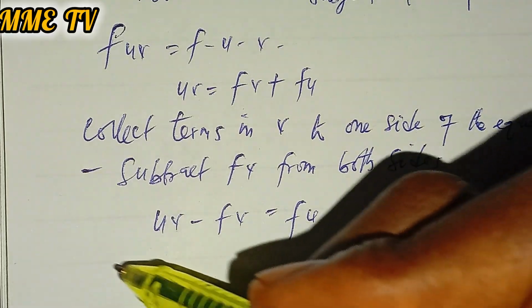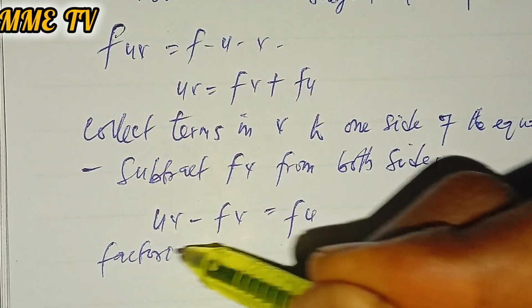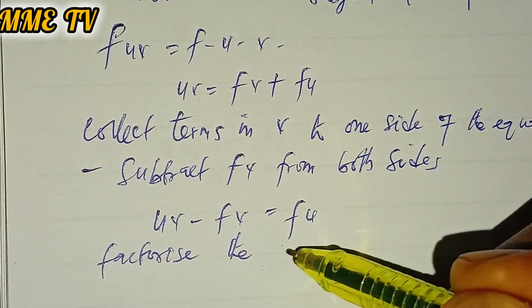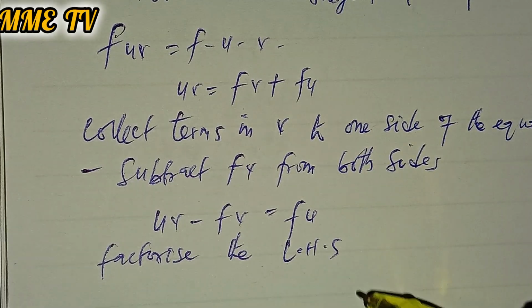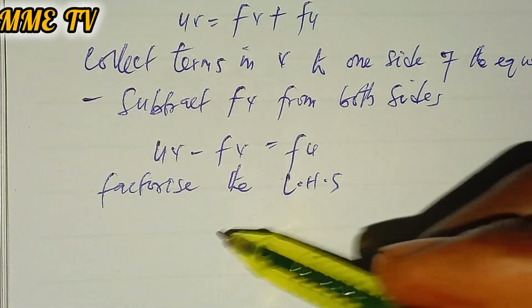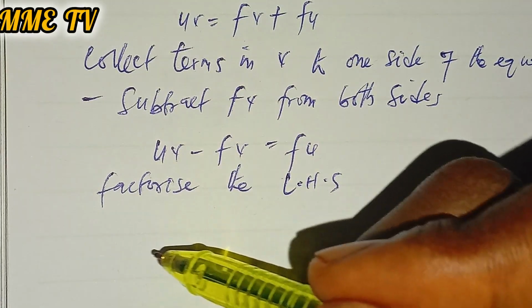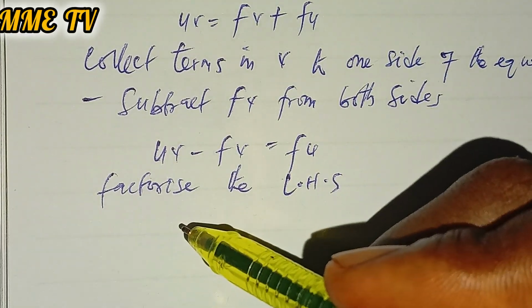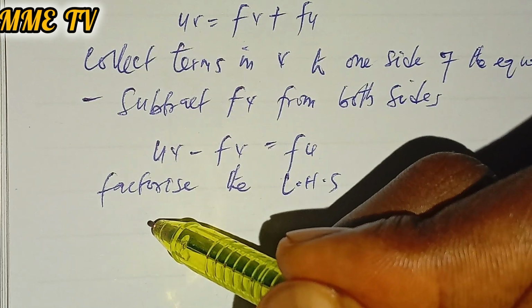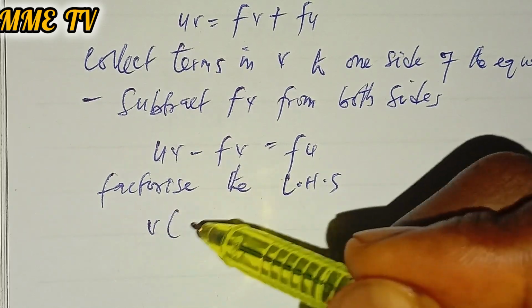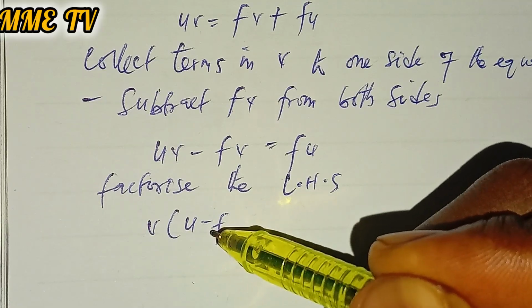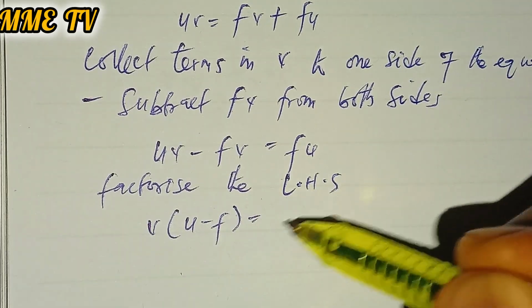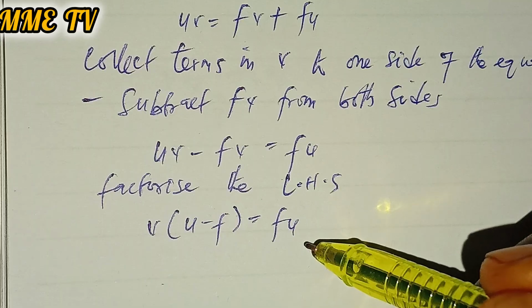Then we are going to factorize the left-hand side. That's what this means. Therefore, we'll be saying that V times (U minus F) is equal to FU, right?